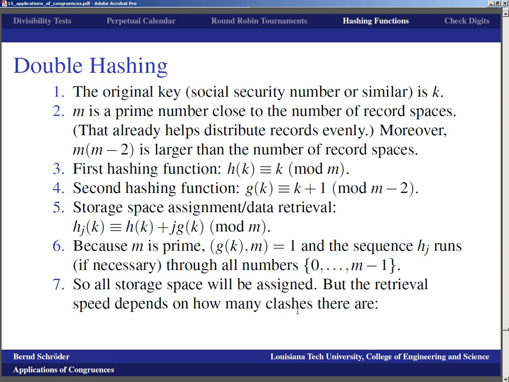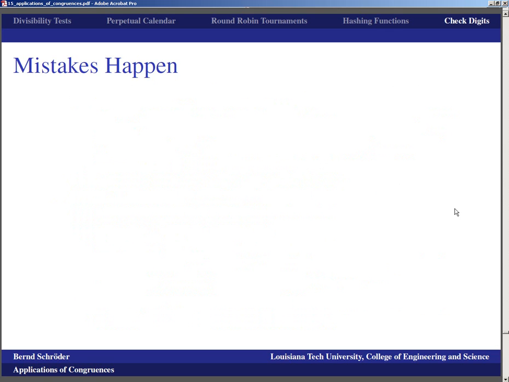And the retrieval speed, of course, depends a little bit on how many clashes there are. The fewer clashes, the fewer consecutive searches, and there are arguments that show that this actually keeps the number of clashes rather small for every individual record under reasonable assumptions.